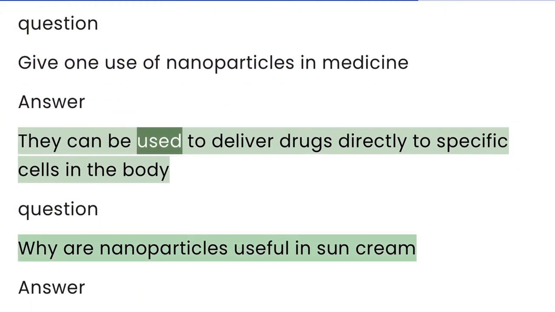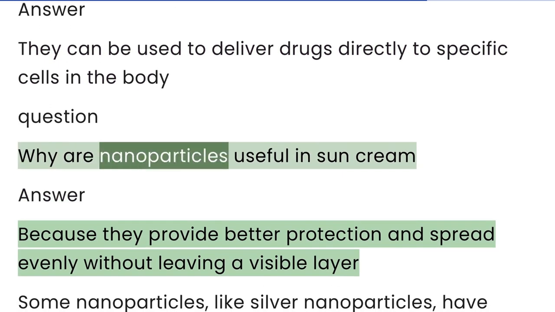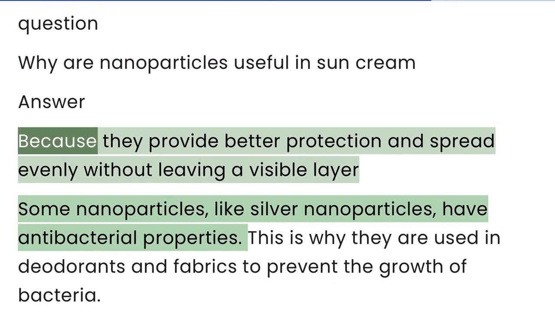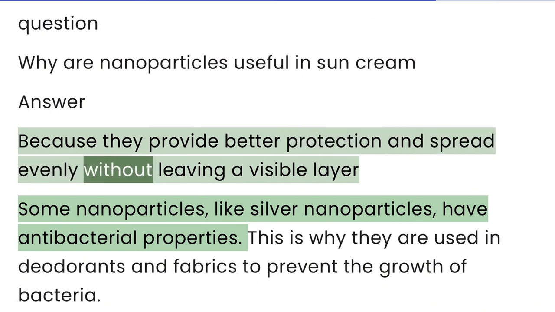They can be used to deliver drugs directly to specific cells in the body. Question: why are nanoparticles useful in sun cream? Because they provide better protection and spread evenly without leaving a visible layer.